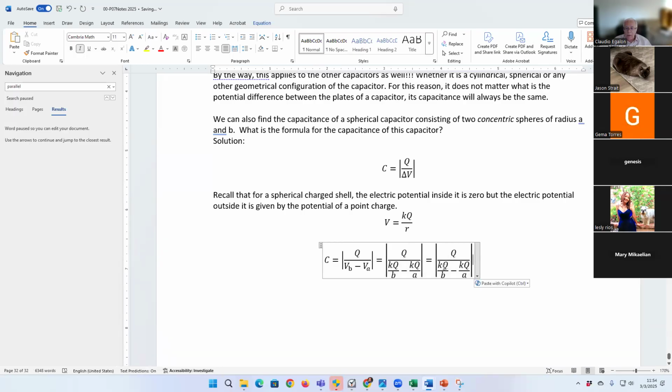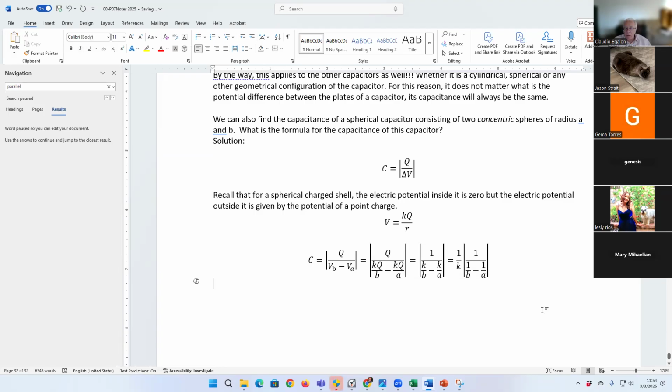Copy and paste. This Q here cancels the other Q upstairs. And then we are left with K. The K can be taken out from the magnitude here. This number here is greater than this number.